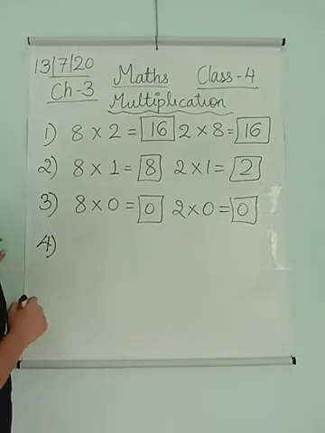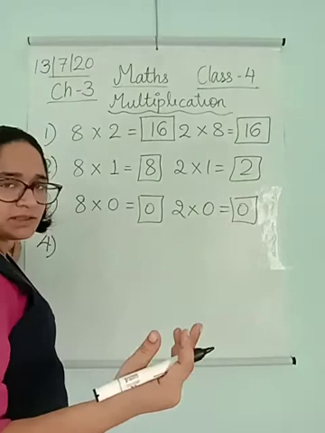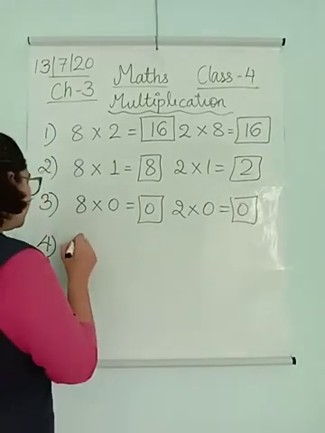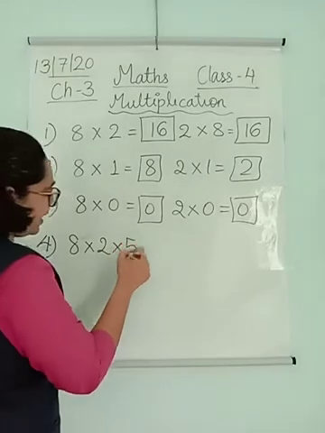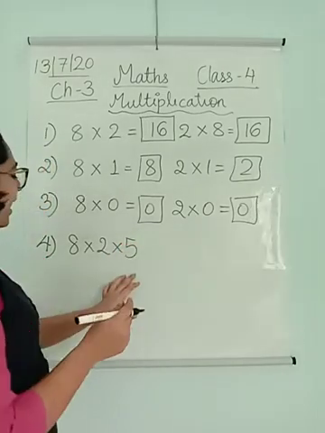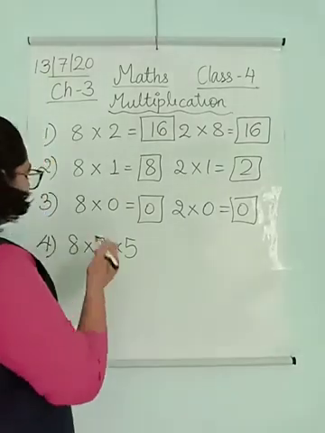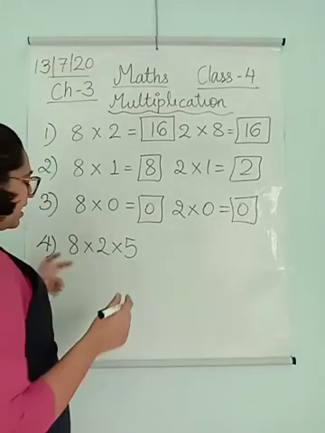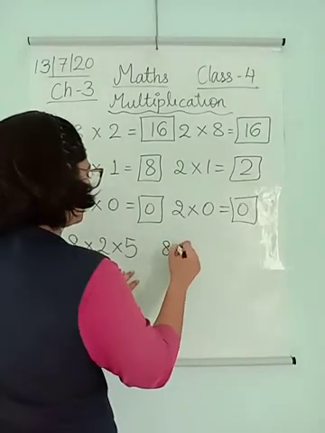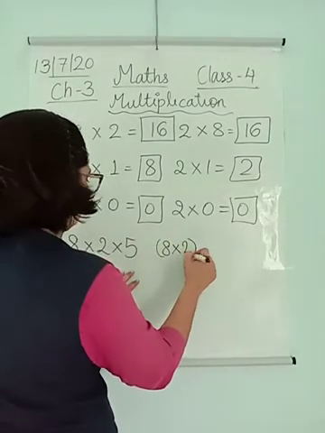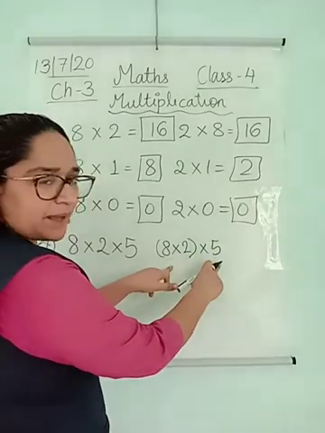The fourth property says, if I have 3 numbers which I have to multiply, for example 8, 2 and 5, I cannot multiply all at once, so I will take 2 numbers at a time. I can take 8 twos first, and then multiply the answer by 5.